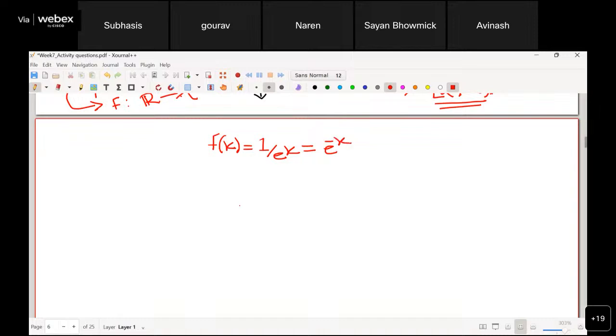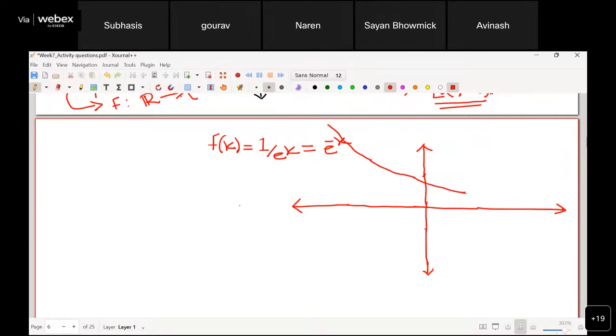It will have the same kind of figure, but in some sense it will be reversed. So you'll get basically the same thing in a slightly reversed manner. It will go like this.